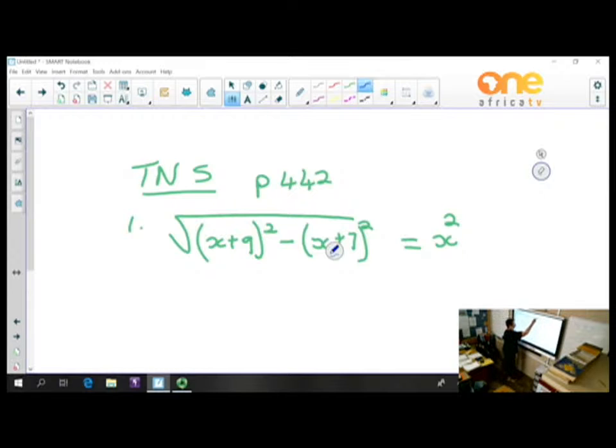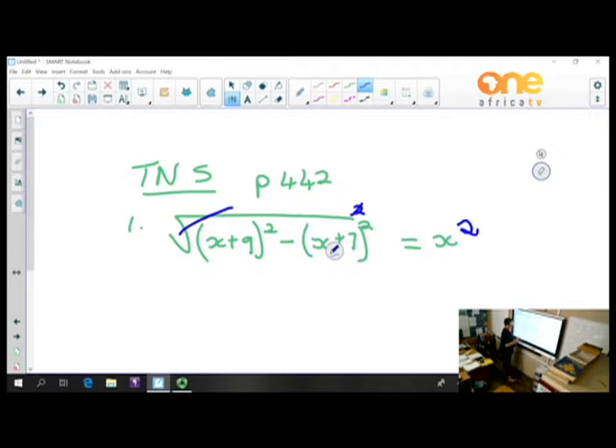Now, this is actually equal to x. If we lift the root here, then we can square it also on that side. So if I square here, the square and the square root will cancel out. So then I'm also going to square on that side.